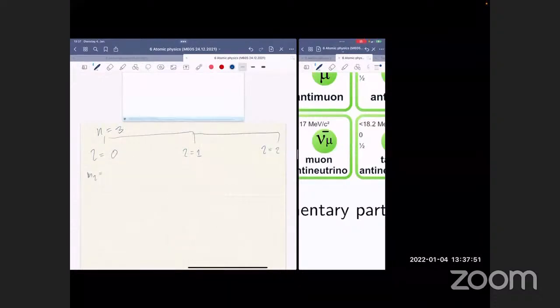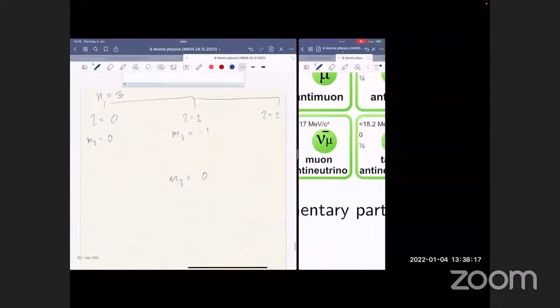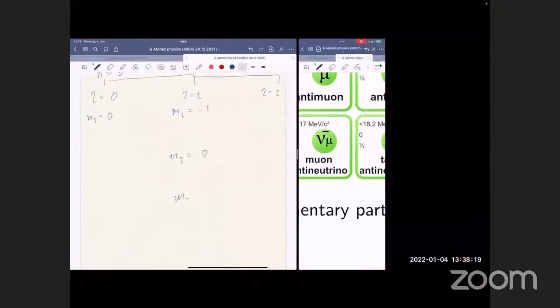So right here you could have only 0 value for ML, and for L equal to 1 you could have ML equal to -1, ML equal to 0, and ML equal to 1.